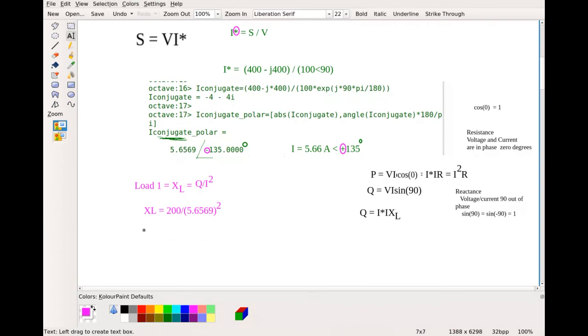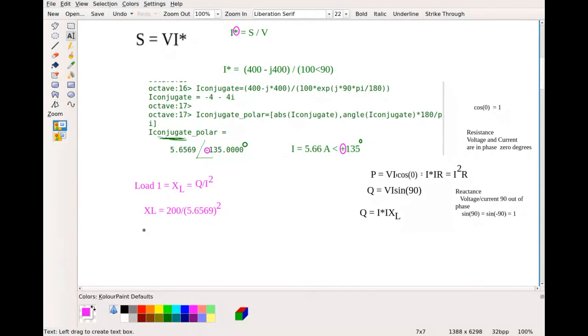All right, so when we look at this, I'm just going to do the one because we're pretty much out of time here. The X of L is 6.25 ohms.